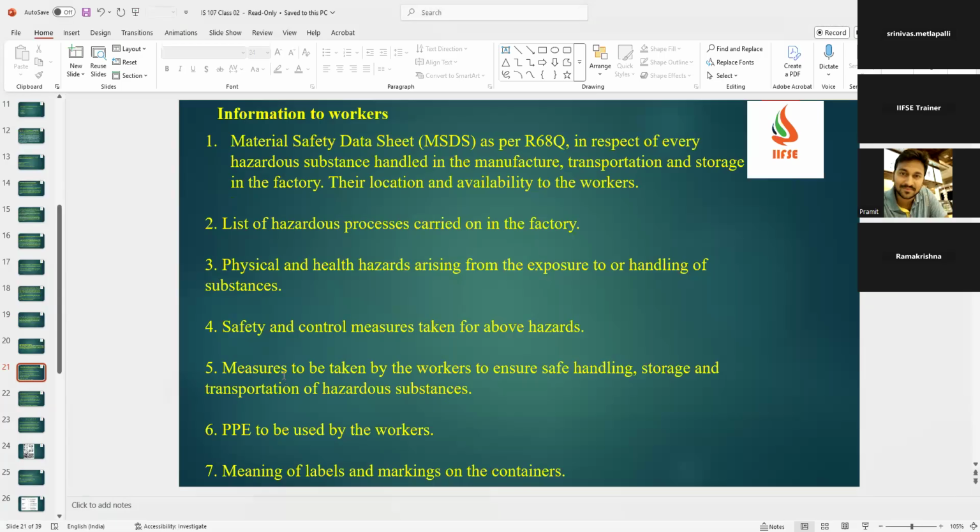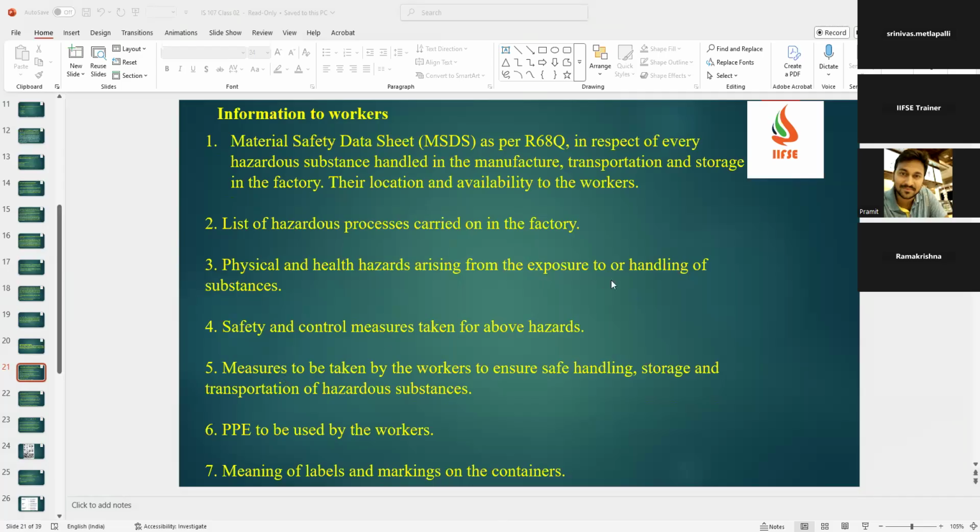Okay, the physical and health hazards arising from exposure to or handling of substances. This is also very important. Most of the daily wage workers, I see especially North Indian people, handle these chemicals very rudely. They won't use a mask or anything.